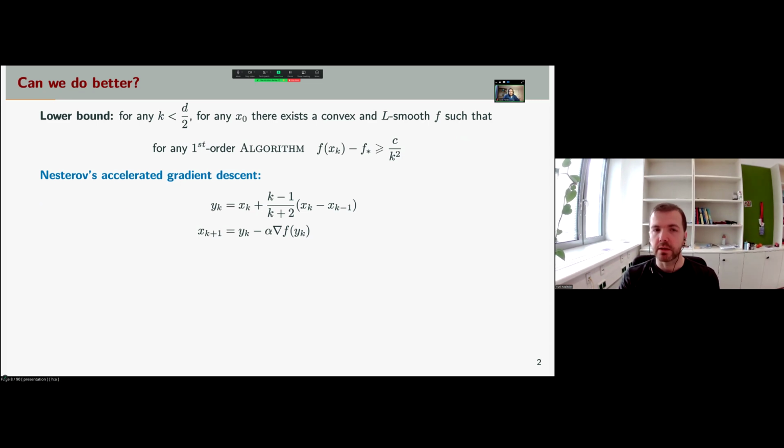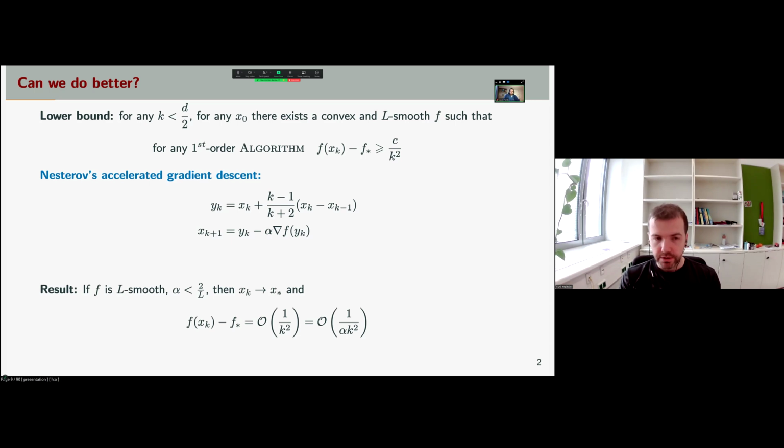It's yes. It's basically Nesterov's famous accelerated gradient descent. It says that if you introduce a sequence y_k, basically a perturbation of your iterates x_k, and you do gradient descent not from x_k but from this perturbed iterate y_k, and you perturb it in a very clever way, then computationally it is basically the same as gradient descent, but for this method you can show that under the same assumption, whenever the function is smooth and the step size is small enough, then you also have convergence of the iterates, but the rate now, instead of 1 over k, is 1 over k squared with the same dependence on the step size.